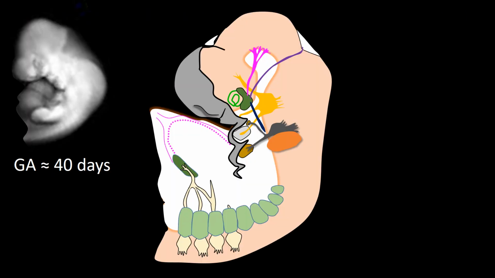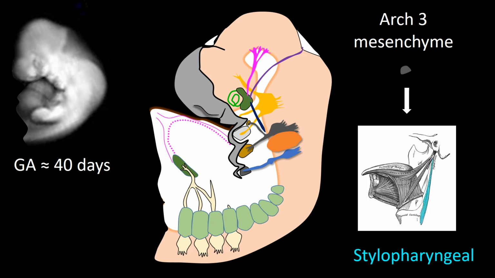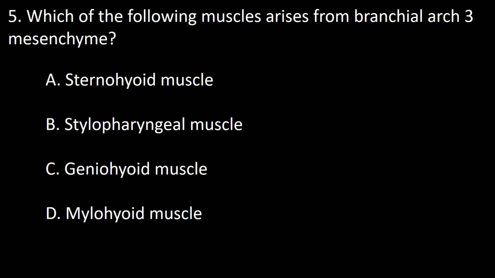Here I have reintroduced the prior figure to add the third branchial arch mesenchyma and the glossopharyngeal nerve. Only one muscle derives from the third branchial arch mesenchyma, the stylopharyngeus muscle. So the answer to this question is B.